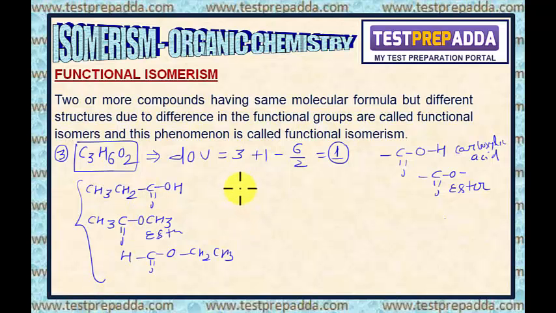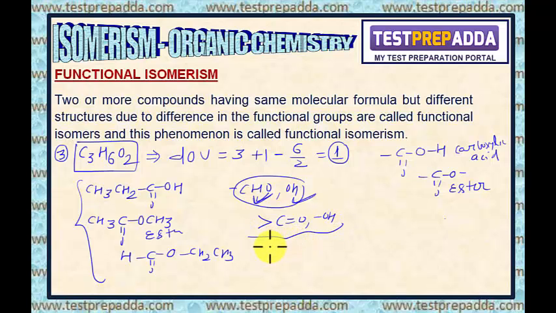We can also write one aldehyde and OH at the same time. So the aldehyde will cover the degree of unsaturation and the extra OH will cover the number of oxygen atoms. I can also write ketone and one OH if possible. Okay, for example, CH3CHOHCHO.